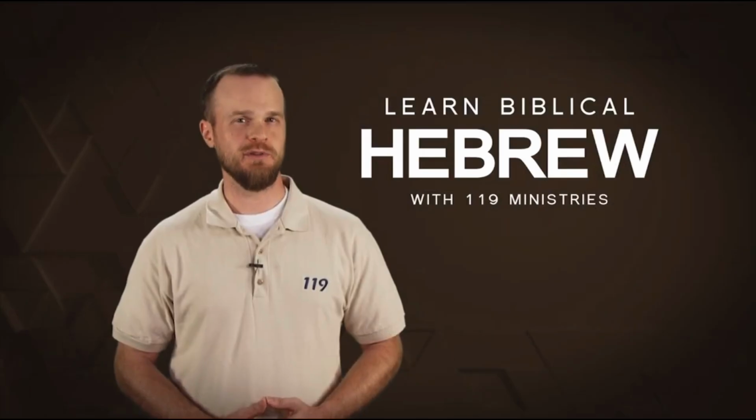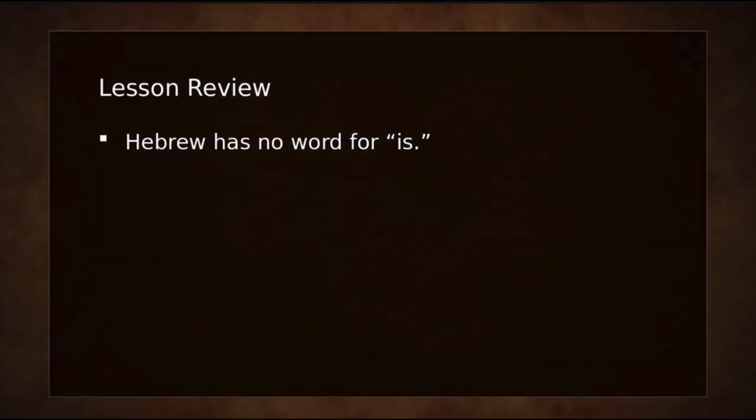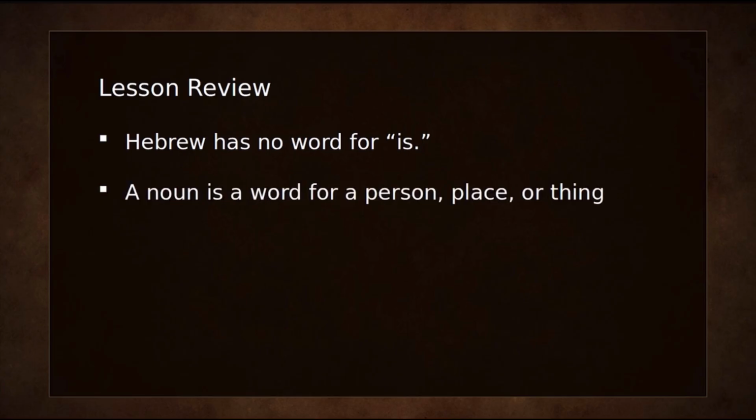Let's review what we've learned today. First, we learned that there is no Hebrew word for "is", so we have to put the "is" in the sentence ourselves when we translate from Hebrew to English. We learned about the parts of speech. A noun is a word for a person, place, or thing. A verb is a word for an action.